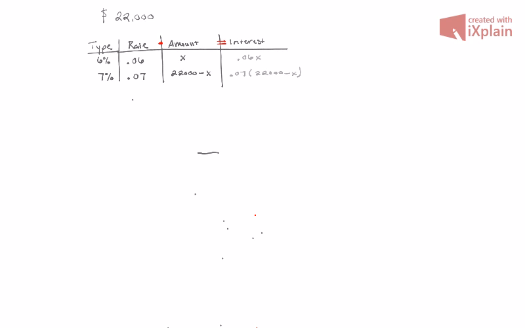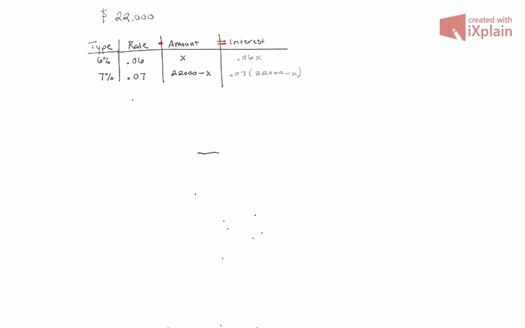Okay. So let's move forward. We know that at the end, the goal that this financial executive wants is to bring in an annual return of $1,420. So this is going to be the amount of interest that this executive has raked in for the company.